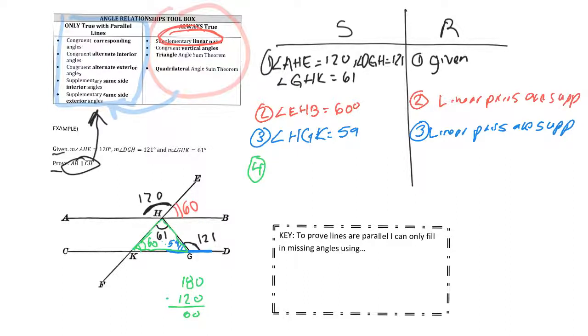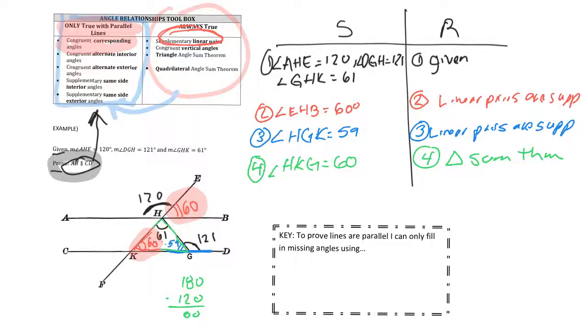So step 4. My next step, I said angle HKG equals 60 degrees. And I figured this out using the triangle sum theorem. That's my reason, because the three angles of a triangle add up to 180. Now, I notice I have a 60 degree angle here and a 60 degree angle here. So what does that tell me? Well, those are corresponding angles and they're equal. And if I know my corresponding angles are equal, I know my lines have to be parallel.